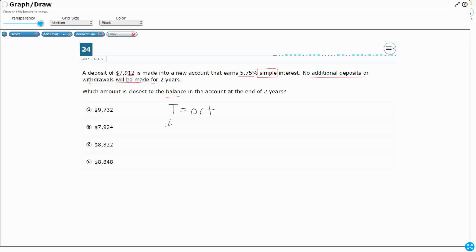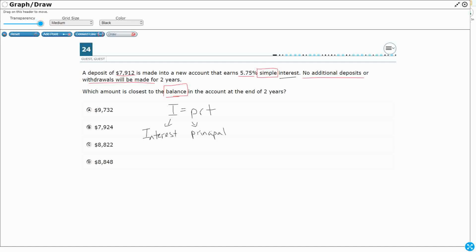I, you probably guessed it, is the interest. We are going to be able to calculate just the interest. Remember, our actual question is for the balance, so we're going to have to add the interest back in to the original balance. All right, so when we look at our P, that's the principal. That is the amount that you are calculating the interest off of. So what's the deposit?